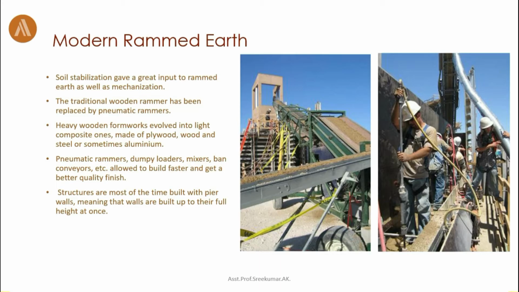Structures are most of the time built with pivots, meaning that walls are built up to their full height. This way of building changed totally the design pattern of structures.